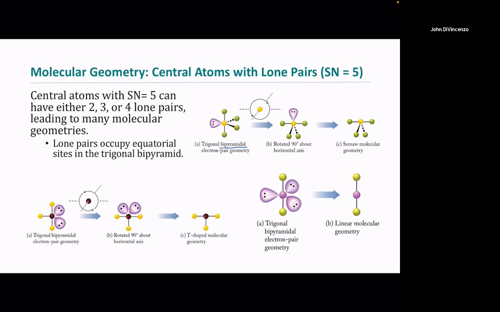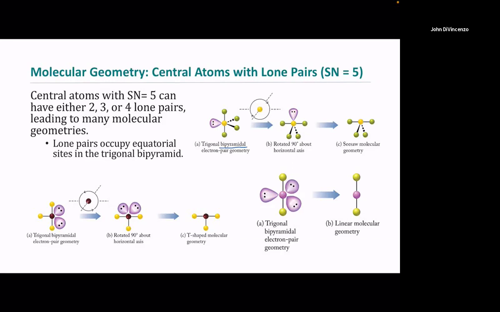Here it is, the 2 axial, I'm holding it by the axial, and there's the equatorial, right? If I take it off from the equatorial, my lone pair now is 90 degrees from only 2, the two axial ones.